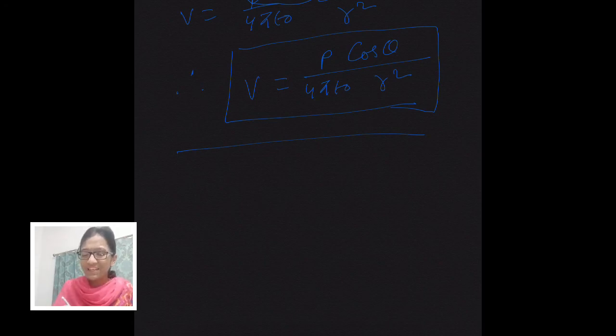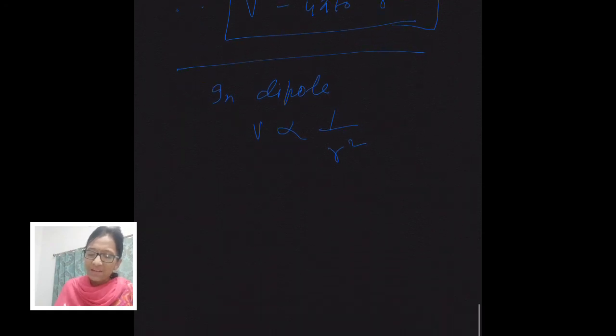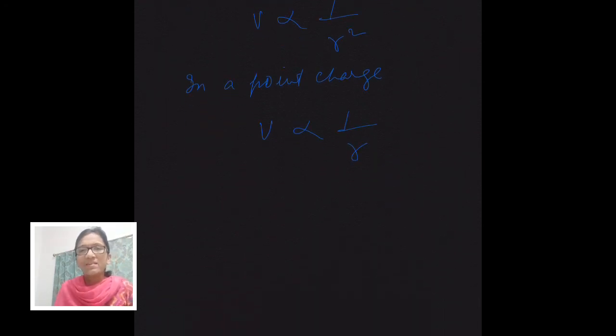Here you can see that in a dipole, V is inversely proportional to the square of r, and in a point charge, V is inversely proportional to r only. So you can define a dipole in yet another way.